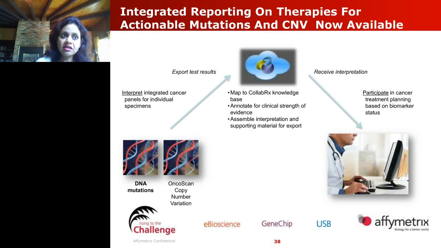So I want to remind the audience that there is another paper by Frampton et al. that shows that actionable copy number alterations are as frequent as actionable somatic mutations in the clinical setting. So the Frampton paper says that actionable copy numbers are found 41% of the time compared to somatic mutations found 38% of the time in a cohort of 3,000 clinical samples.